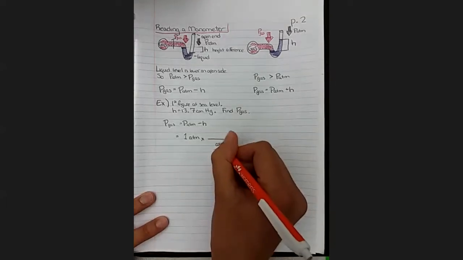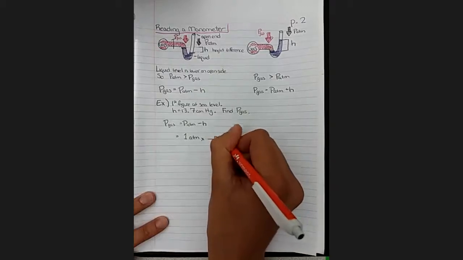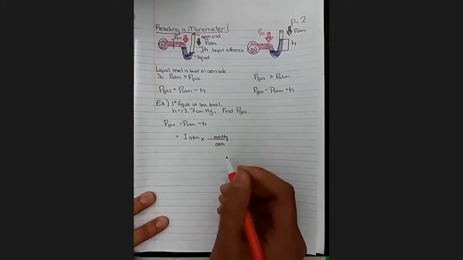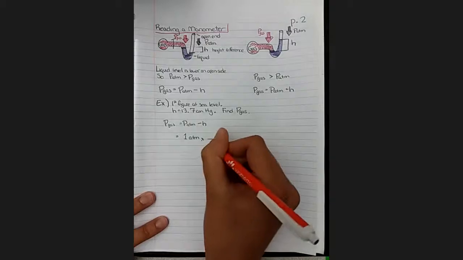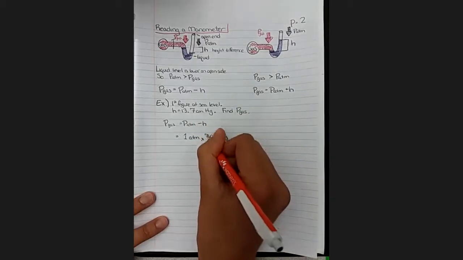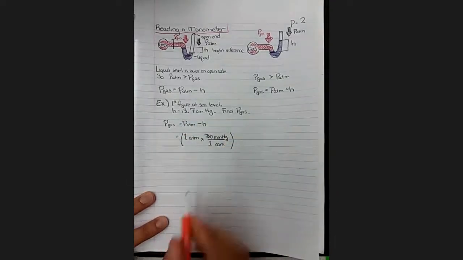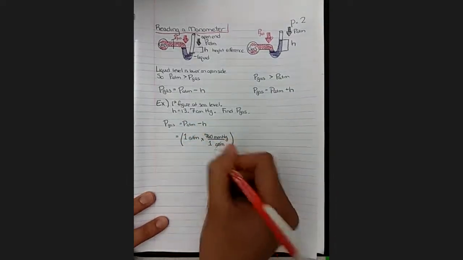So I'll put the unit that I have on the bottom and the unit that I want on the top. I'm going to convert from atmospheres to millimeters of mercury. That conversion is from 760 to 1. So that will give me the atmospheric pressure in millimeters of mercury.